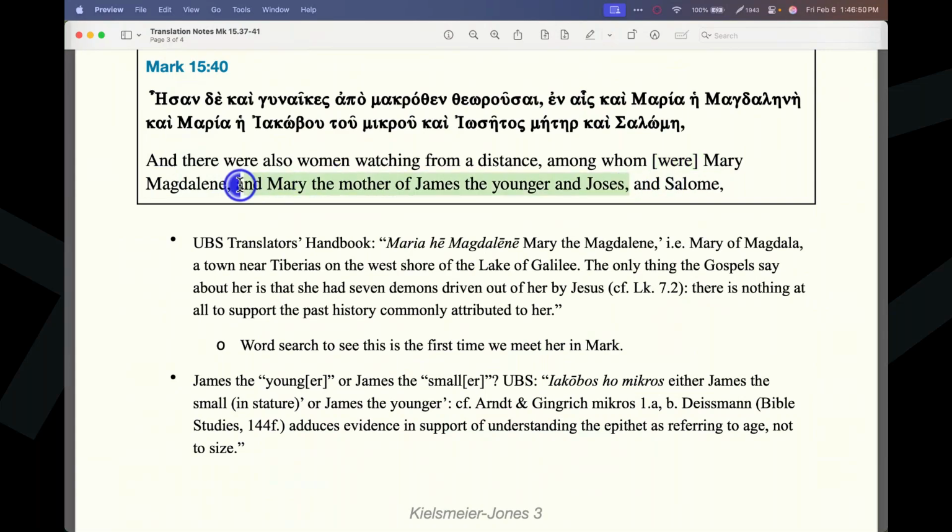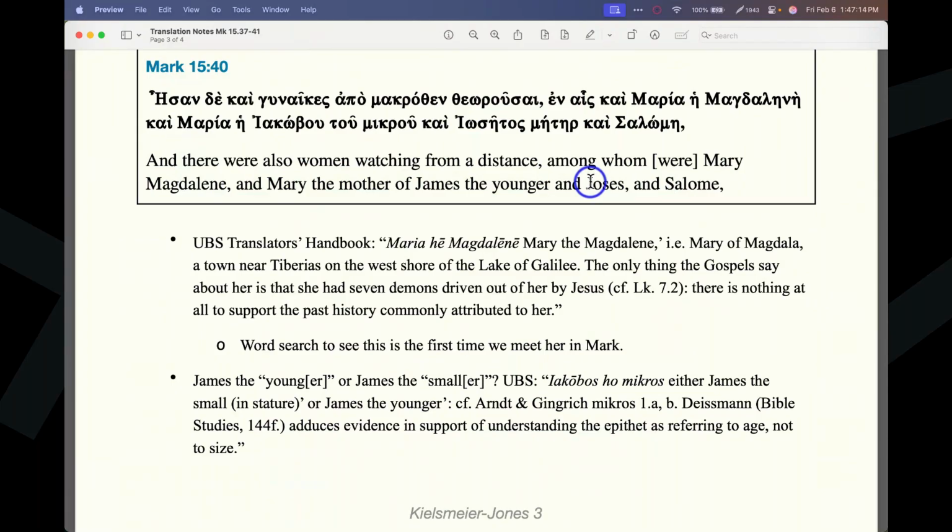Now, even as I look at this, there's a lot of names here, and I tried to distinguish who goes with whom. And I've done that with commas, but some translations even will make it a little clearer: And Mary, the mother of James the Younger and of Joseph. And that's, of course, permitted because this is all genitive. So that may make this a little more readable.